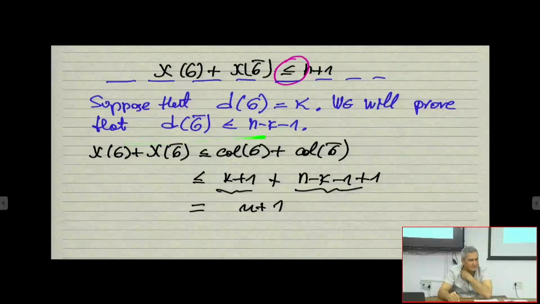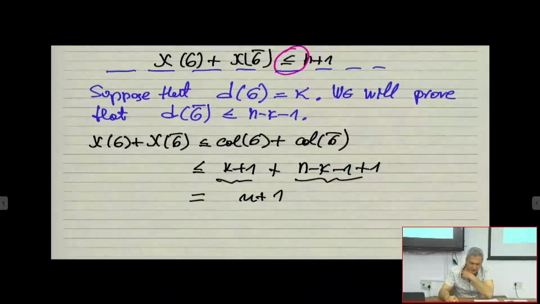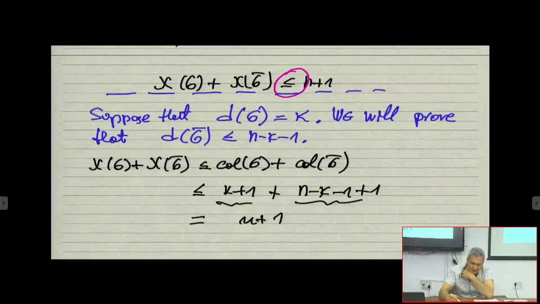Okay? We will prove this by contradiction. Suppose this is not true. That means the degeneracy of the complement will be at least n minus k. So, let's go with another color.